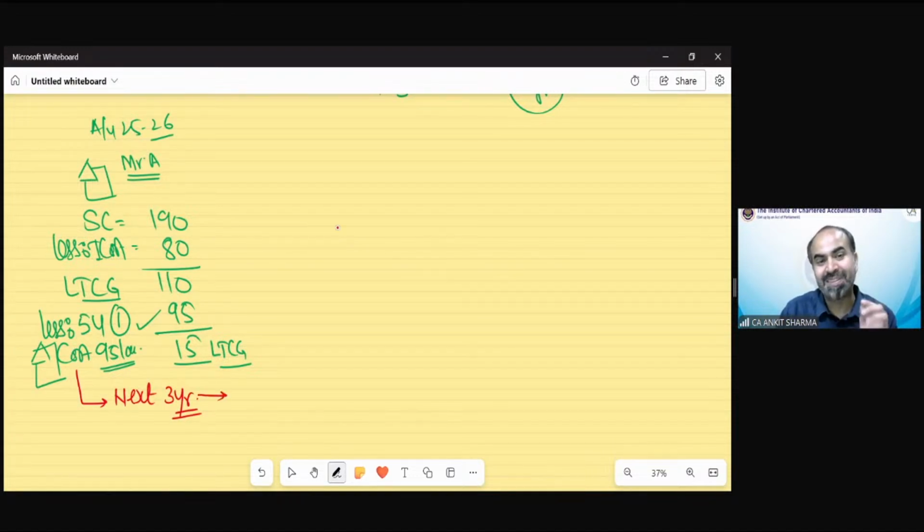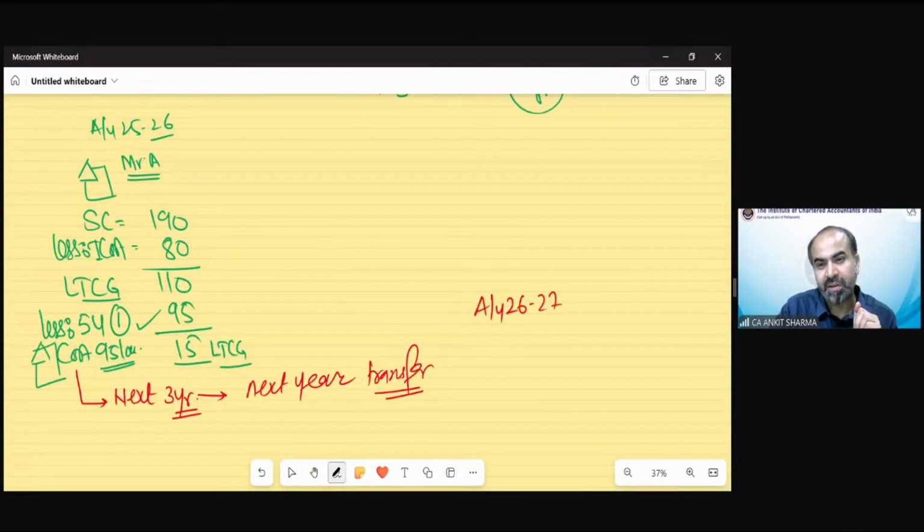And suppose Mr. A transfers this property in the next year. So what will happen in the next year, assessment year 26-27? Suppose this property has been transferred and the sale consideration is suppose 130 lakh.